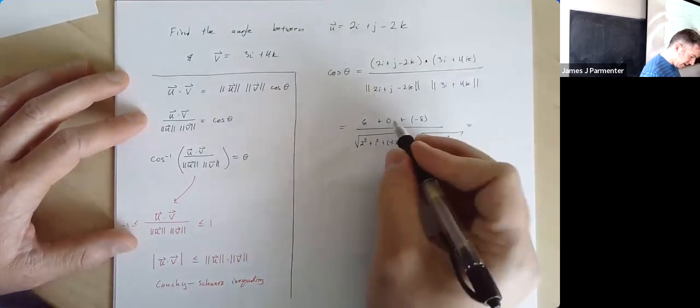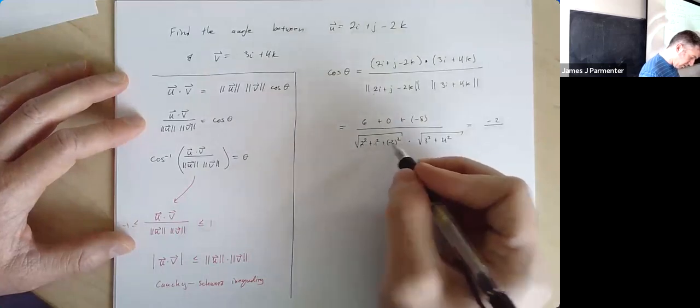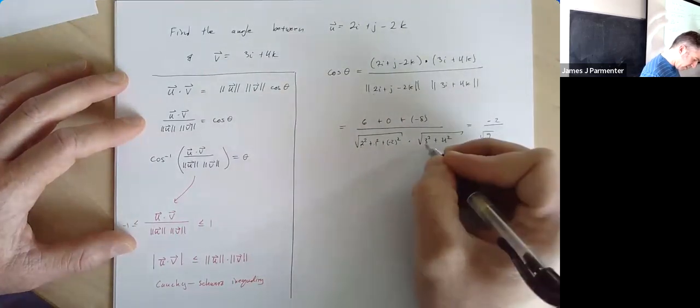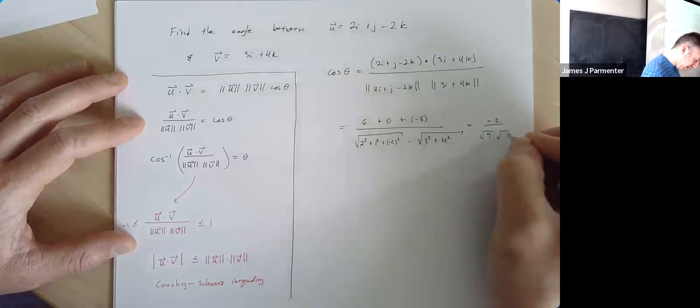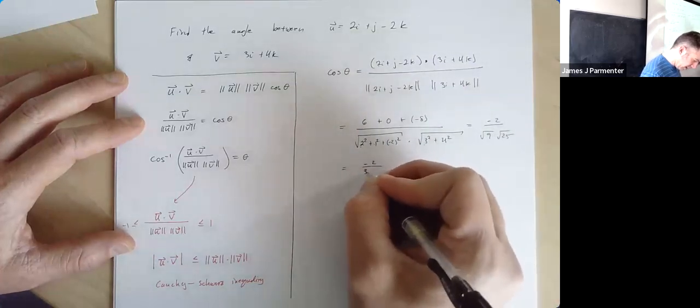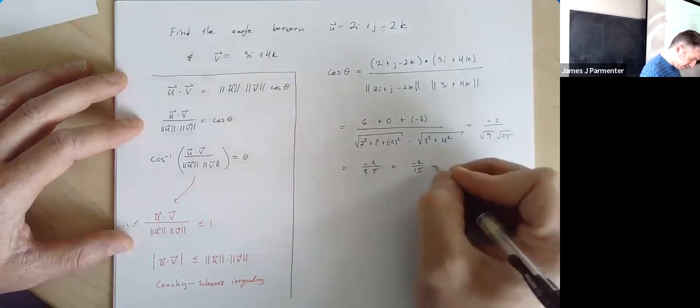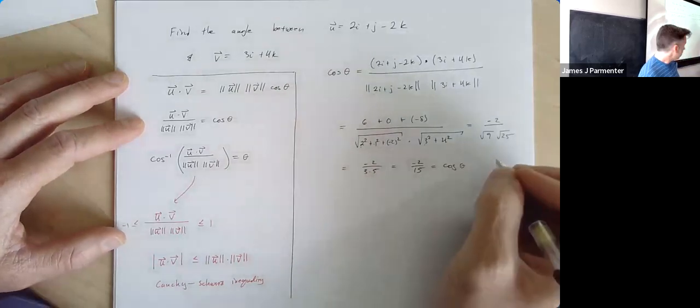So I end up with 6 minus 8, so -2, over the square root of 4 plus 1 plus 4, which is the square root of 9, times the square root of 9 plus 16, which is the square root of 25. This actually comes out to be relatively nice. I get -2 over 3 times 5, so -2 over 15. And that's equal to cosine of theta.